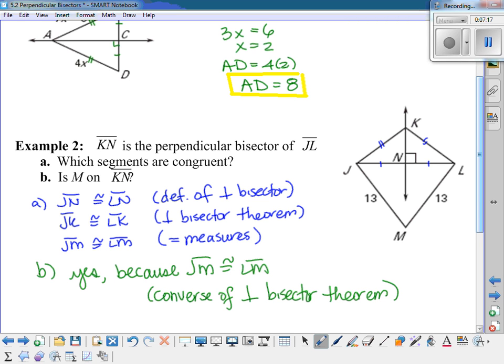So the perpendicular bisector theorem tells me that any point on the perpendicular bisector is equidistant from the endpoints of that segment. And the converse says that if I have points that are equidistant from the ends of the segment, then I know it would lie on the perpendicular bisector.